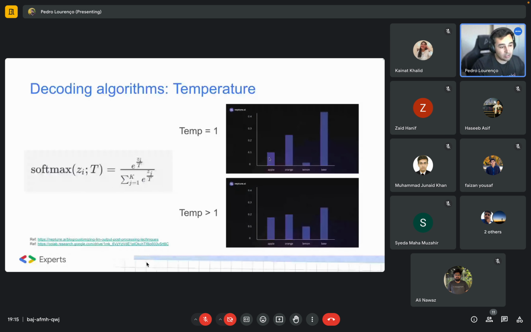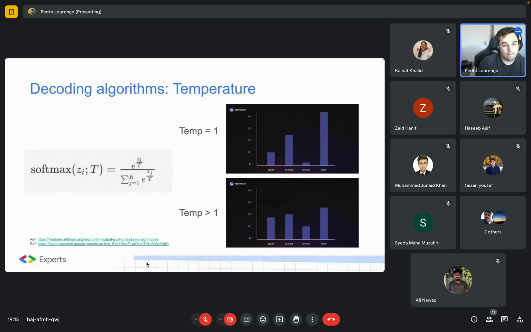You can control the creativity, and, I won't say reliability, but more the factual responses, using this parameter. I won't dive deep into the decoding algorithms. There is a bunch of different ones, and if you want to know more, I shared 2 links here. But they are very, very important when you are dealing with generating outputs.